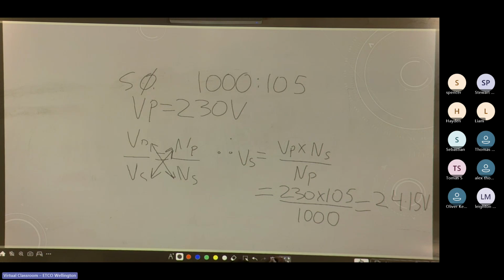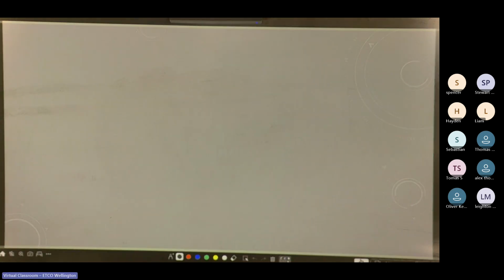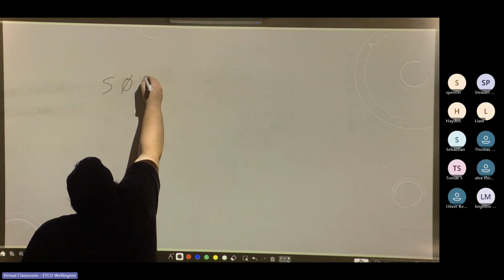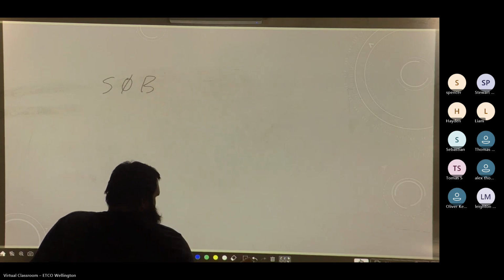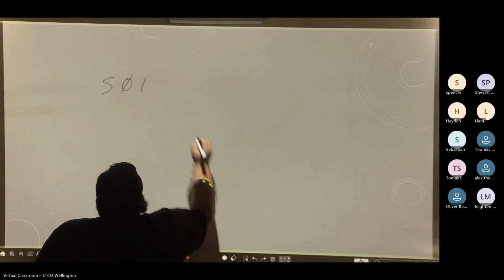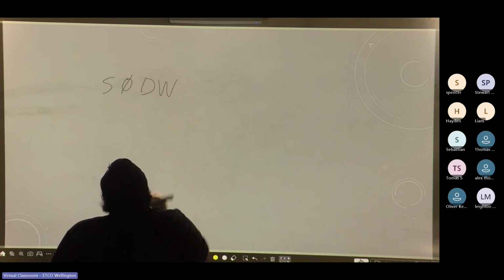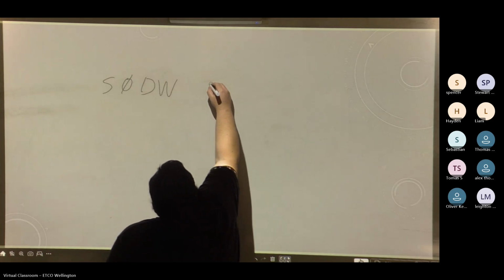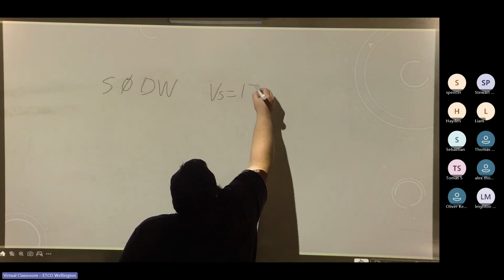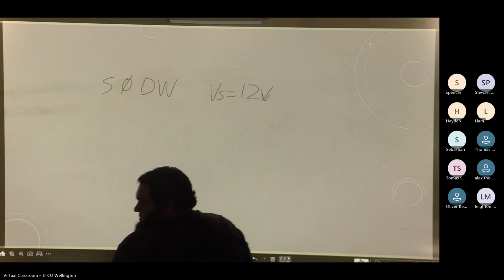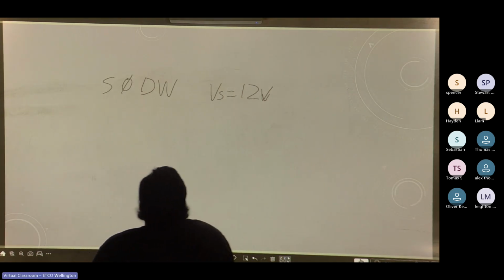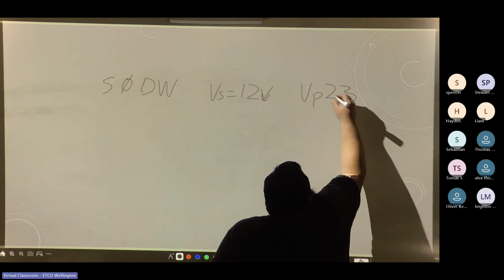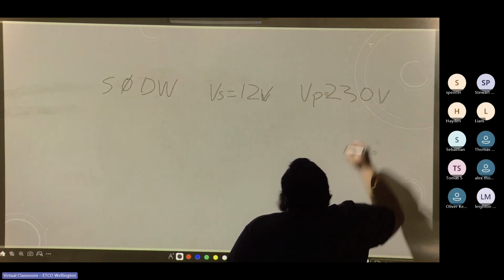All right, now, next one. Cool. So we have a single phase double wound transformer. We know it has a Vs of 12 volts, and we know it's connected to a supply of 230 volts.